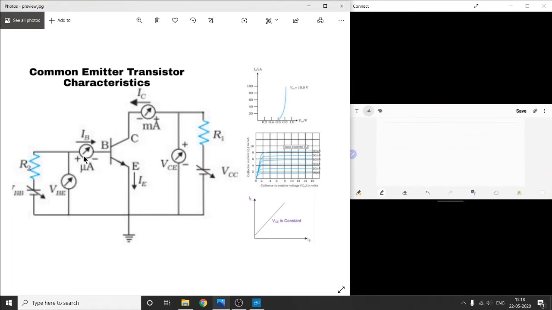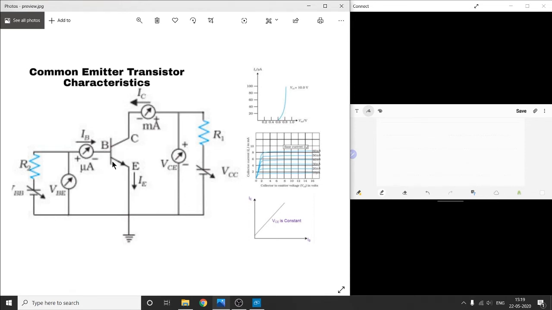Then with the microammeter you have to connect the voltmeter, which we show here as VBE, because it is connected between B and E. The basic of this experiment is that you have to vary the voltage, so you have to connect the rheostat or variable resistance for this, and the supply for biasing is a DC supply which can be 6 volt fixed.